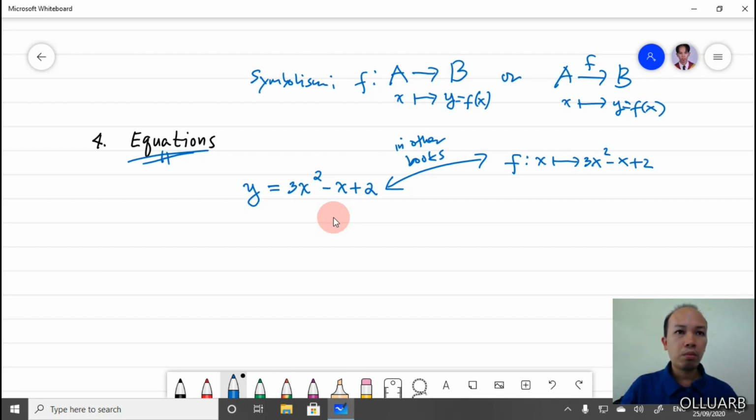If you have this one, you can also rewrite it this way: a set of all ordered pairs where y is equal to 3x squared minus x plus 2.